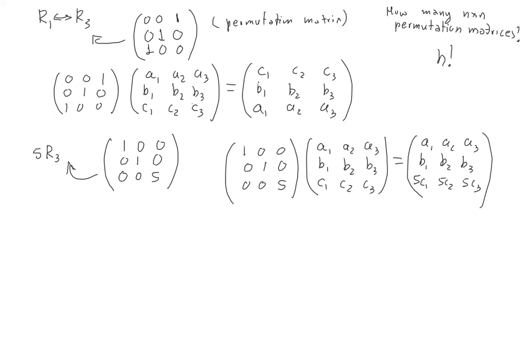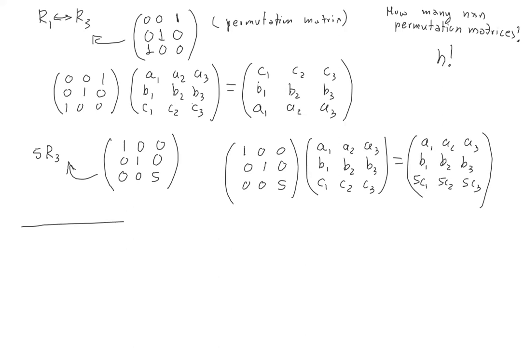Okay, now, the other thing that I would like to tell you is that finding the inverses of such matrices is the easiest thing in the world. Because all you need to imagine is what is the row operation that undoes the row operation that I did.